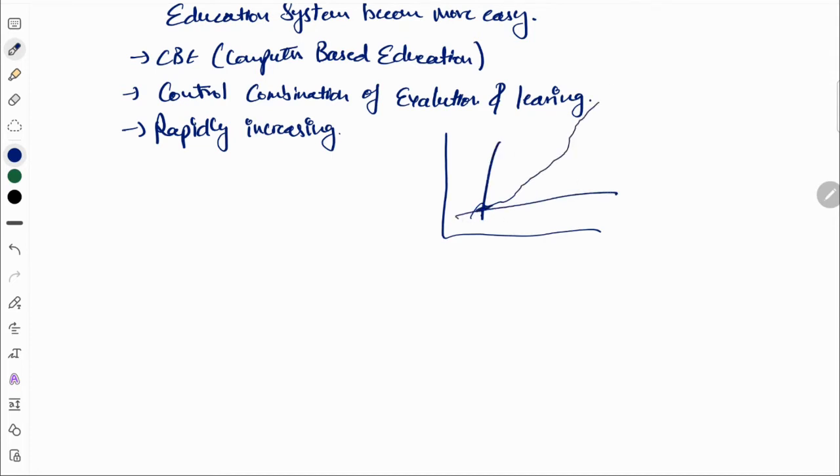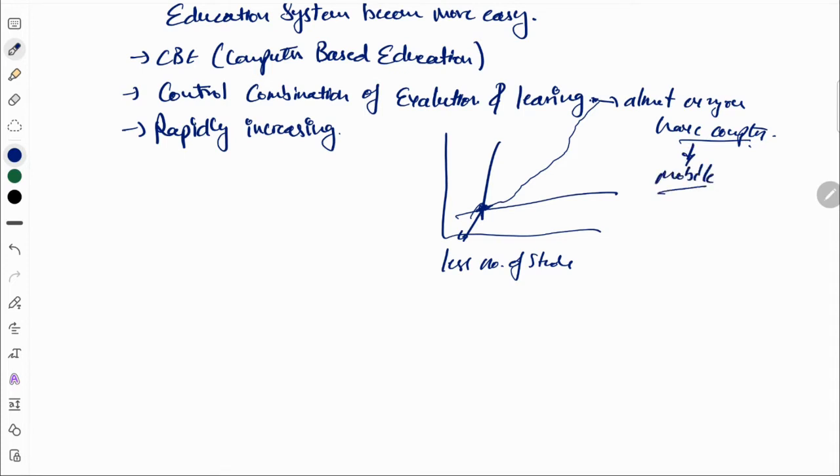Here, it started with a less number of students. Here, almost everyone has a computer. Any device that is programmable like mobile is also a computer, just a compact or small computer.